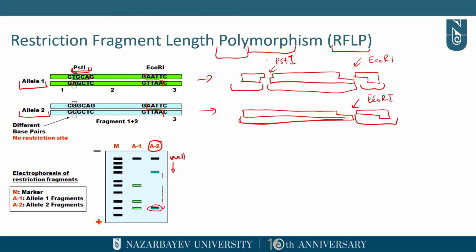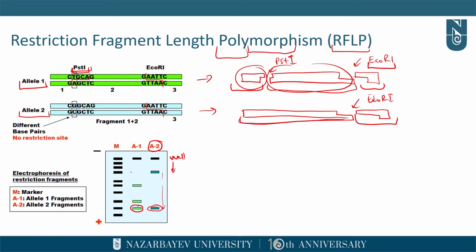If we take the allele 1 fragments, we will have the same part on the right end, and of course it's seen here. And also we will have 2 parts that are cut, and they should be smaller than the long part of allele 2, and of course we see it here.